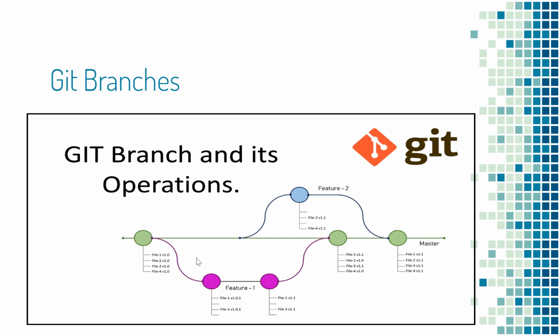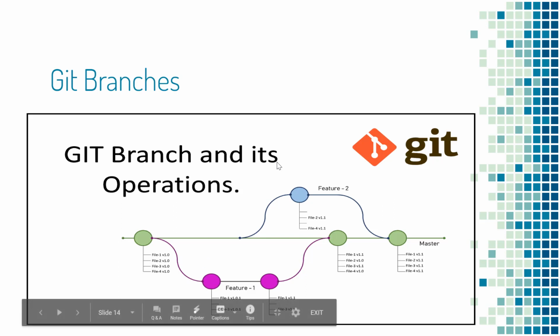Once you are done with the feature, you can just merge back. The way it works, you branch off the master, then you have your own branch, you do all your work there, and once you're done, you can just merge back to the master.